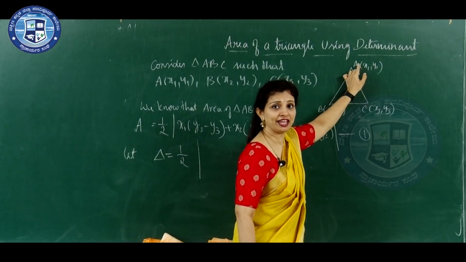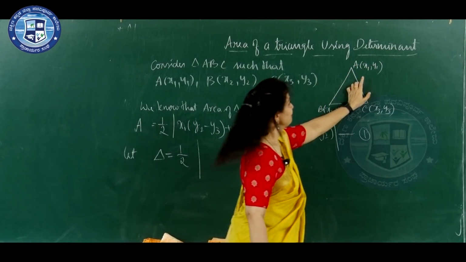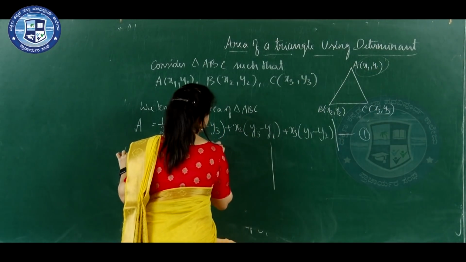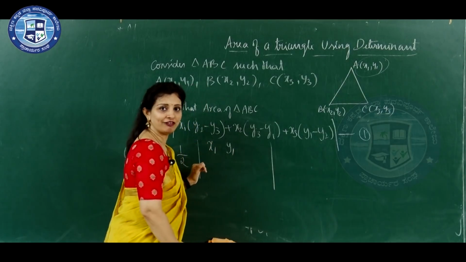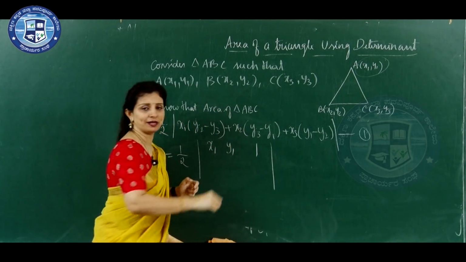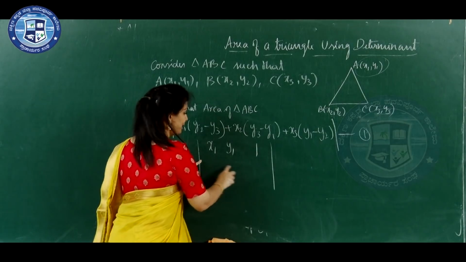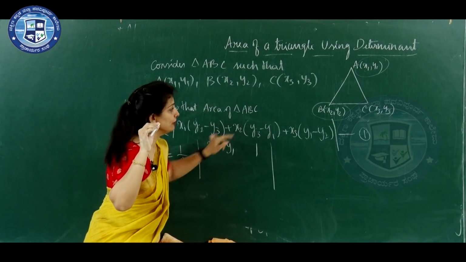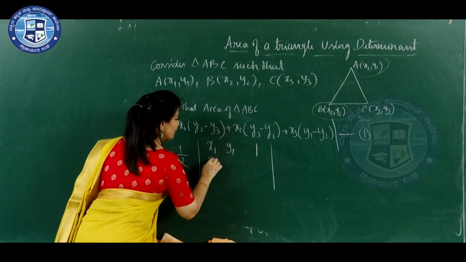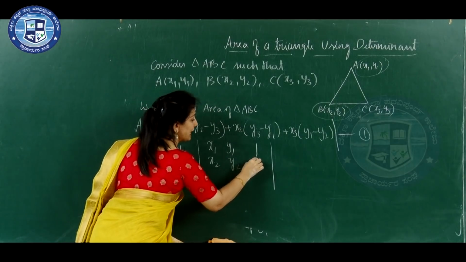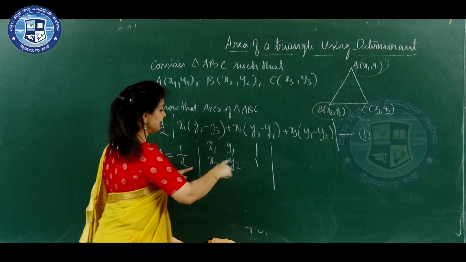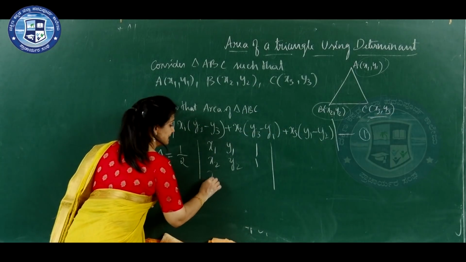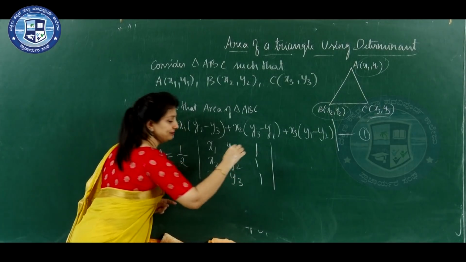The coordinates of A will be written in the first row: x1, y1, and the third element we will write as 1. The second row elements are taken from the coordinates of the vertex B: x2, y2 and 1. And third row elements are derived from the coordinates of third vertex: x3, y3 and 1.